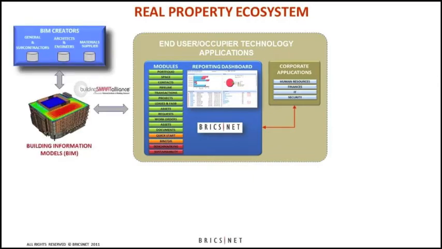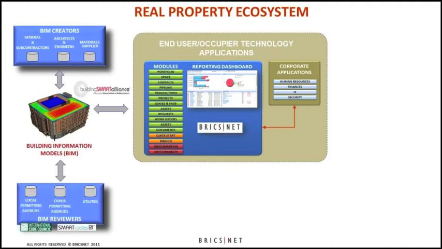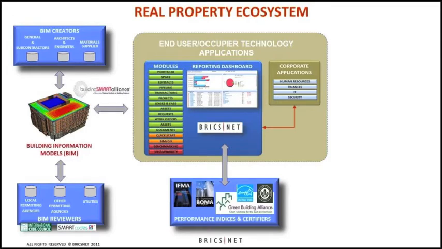We also know that people who are creating the BIM model, architects, engineers, and contractors, are putting a lot of information into the BIM model that we want to be able to include in facility operations. We also know that the BIM model is also being used by permitting agencies, both local and federal, as well as utilities. And we want to be able to have access to some of that information as well.